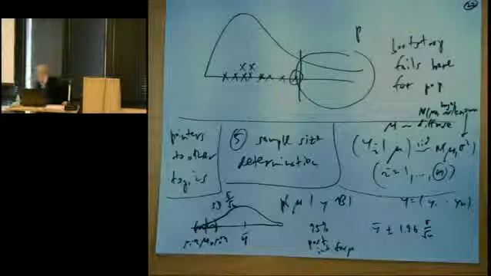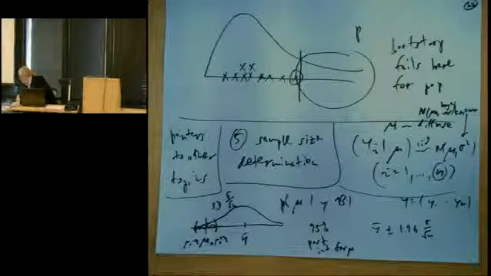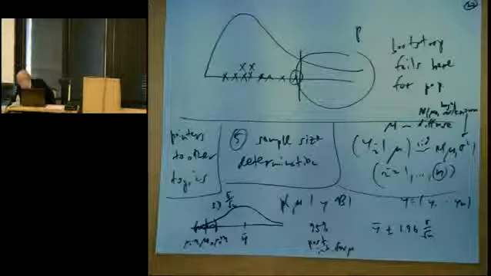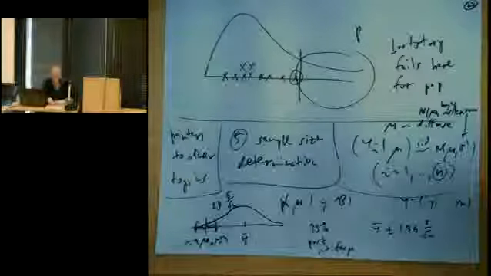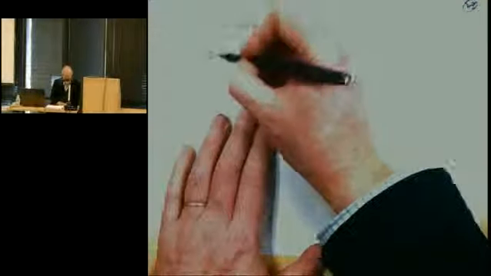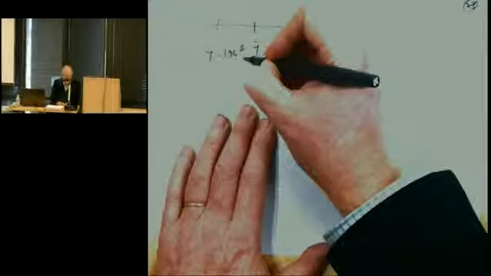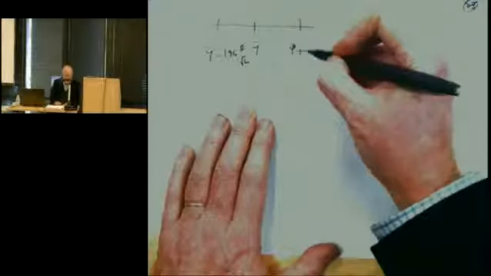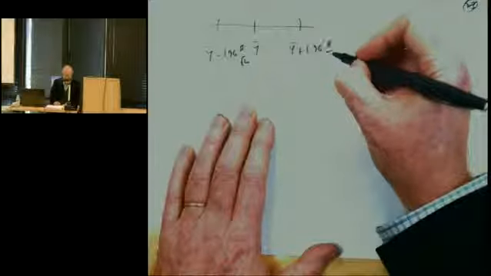And so now I can go ahead and draw. So let's go ahead and draw that little interval. So it's centered at y bar. It goes down to this place called y bar minus 1.96 sigma over the square root of n, and up to this place called y bar plus 1.96 sigma over square root of n.